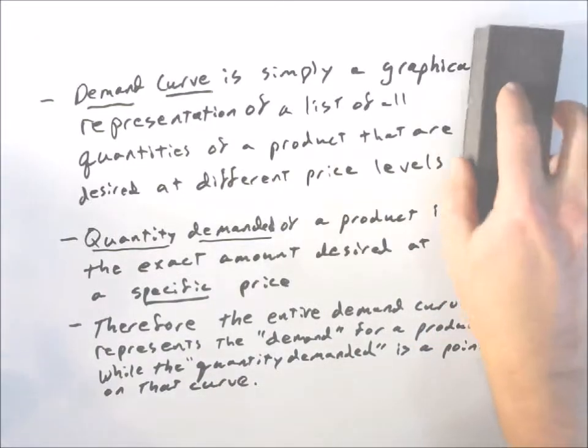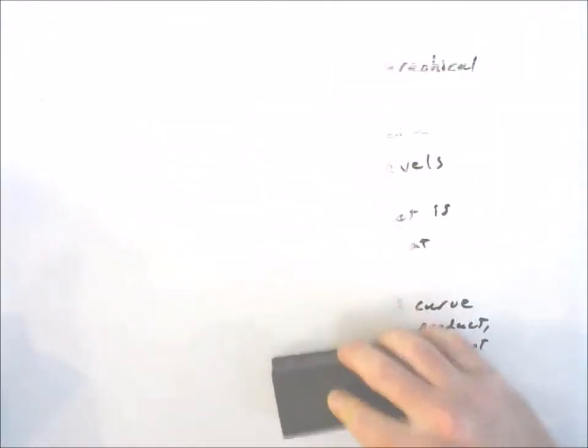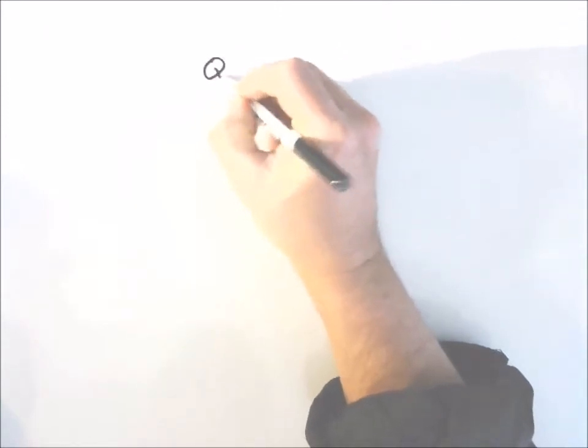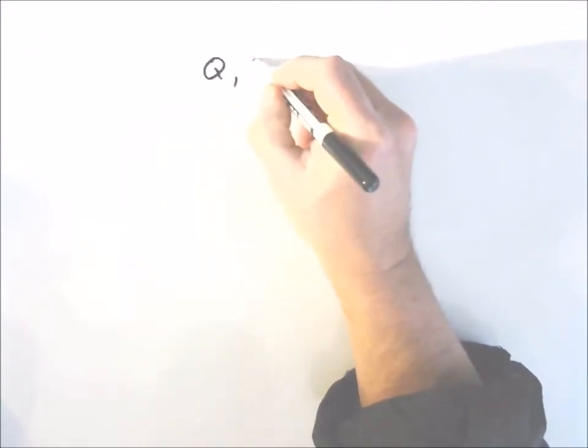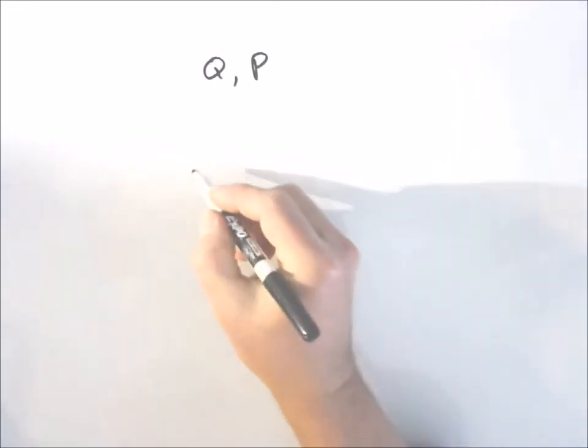Now that we've defined demand and quantity demanded, let's model it. If you notice in the last two definitions, there were two components that those definitions revolved around, quantities and prices, P and Q. Those are going to be the labels on our axes.